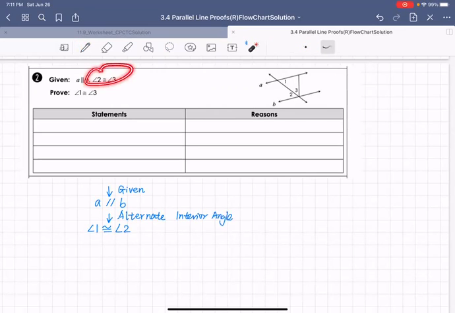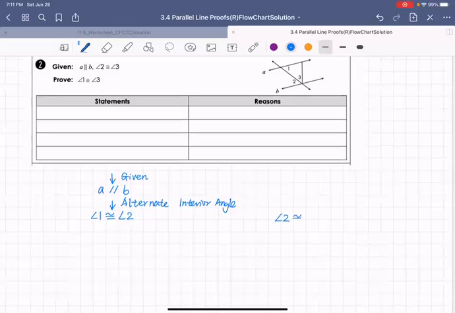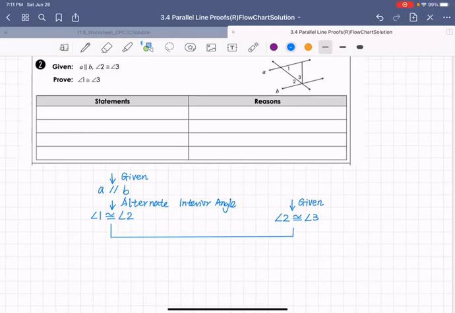What else do we have? Angle 2 is congruent to angle 3. This is given. When you put this together, what happened?